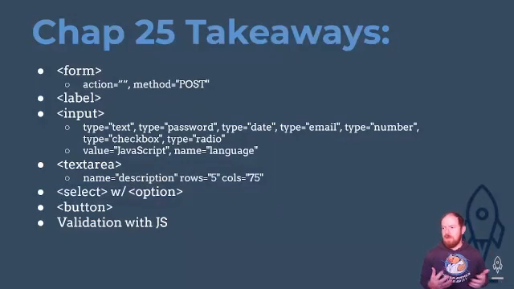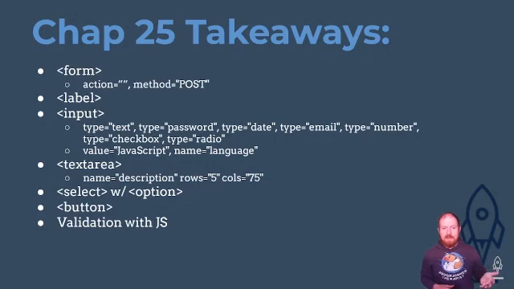It doesn't have to be JavaScript. It can be anything they want. And then you do want to assign a name to your input. So this is kind of like that key value pair that we're always doing. So your variable name is this name. And then the value would be whatever they typed in or clicked or however they responded with their input.